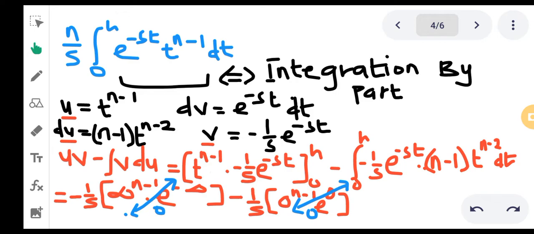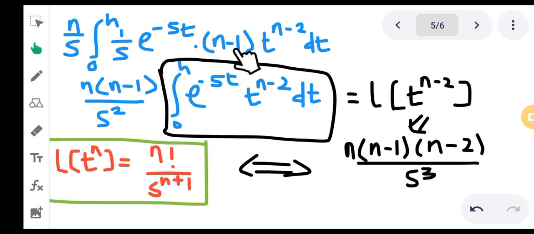So whenever we take a Laplace of t exponent n minus 1, the same thing, the n minus 1 also came out and the s also came out and they multiplied, and we had n times n minus 1 over s squared.